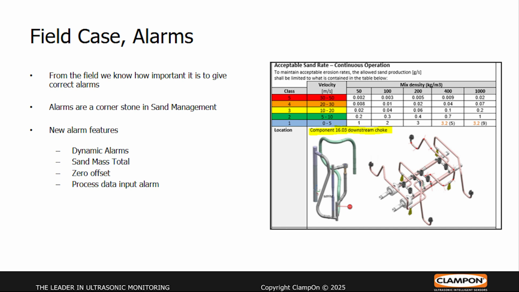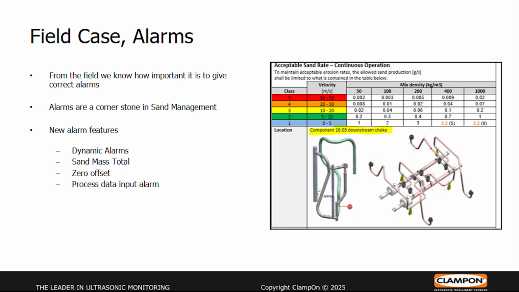And that level or limit is not a constant limit. It depends on the velocity and also the density. So having the possibility to have different limits in the software will be very, very good, because with acoustic sand detection systems in older days, there was an issue with a lot of false alarms. And if you get too many false alarms from a system, then that's not a good reputation for the system.